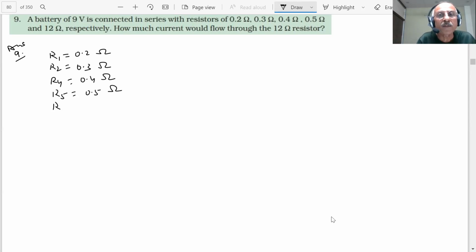R1, R2, R3, R4, and R5 is 12 ohm, students. 9 volt is connected in series, student, in series.